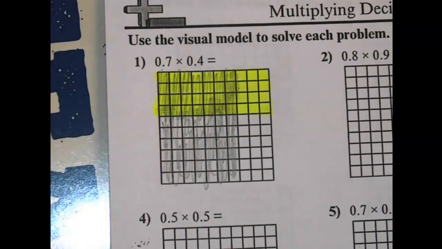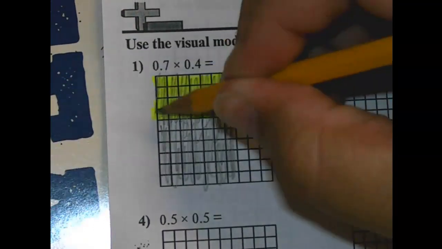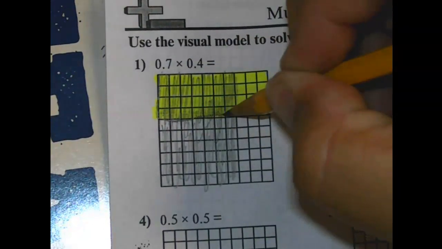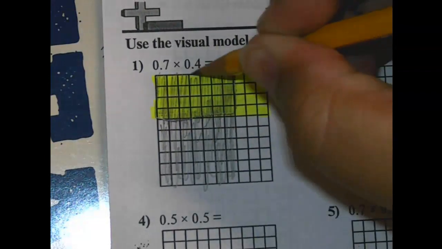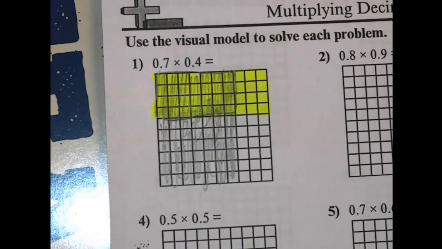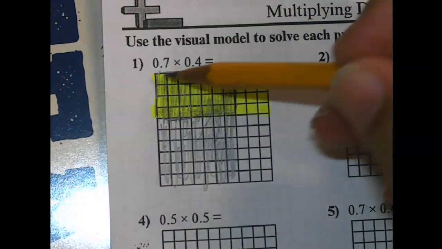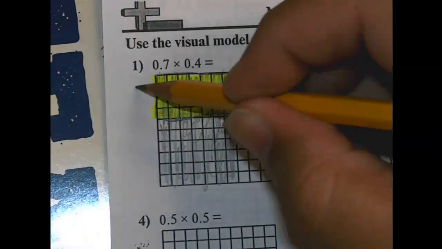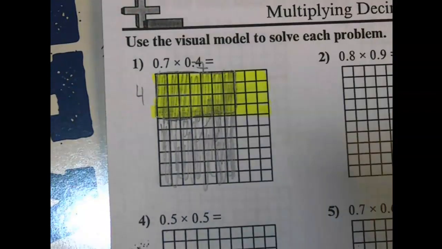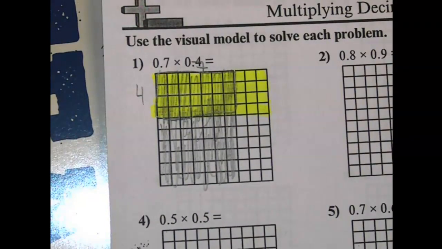And what I find is that the area that is shaded twice is going to be my product, or going to be my answer. So this area here, and so here I have a rectangle that is 4 units tall and 7 units wide, and so that's going to be my answer.